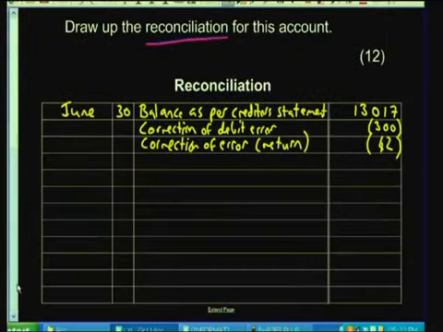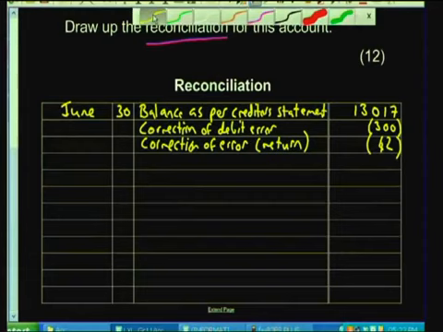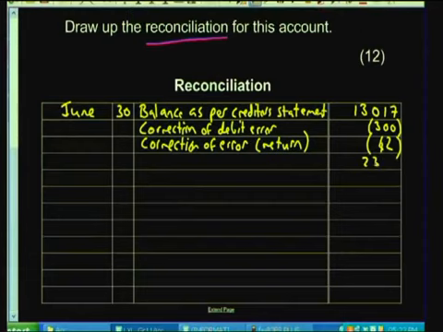Here it is. We have to put the amount of 2,310 Rand in here, and we could write a correction of an error, and I would put in a small description to state what the error was.